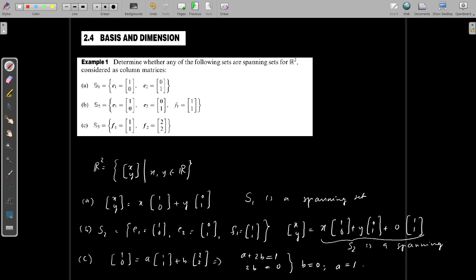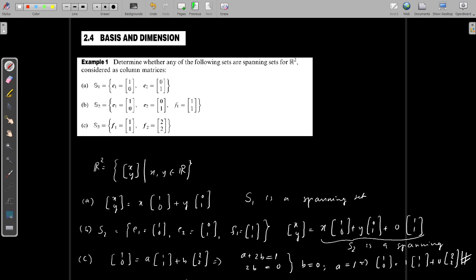But this will be a contradiction, because when you put b equal to 0 and a equal to 1 in this expression, you get (1, 0) is the same as 1 times (1, 1) plus 0 times (2, 2). This is a contradiction. So we can say that such a and b are not possible for this expression.